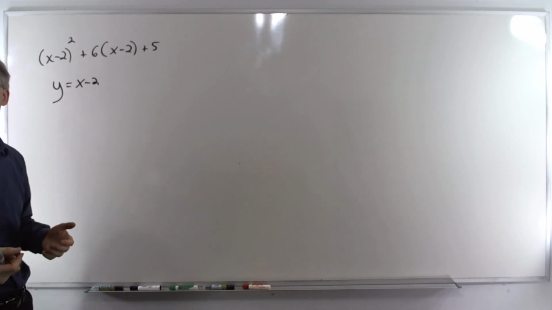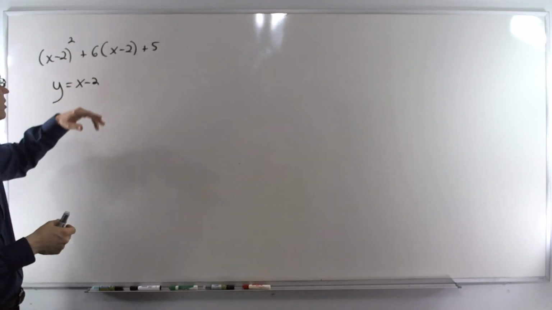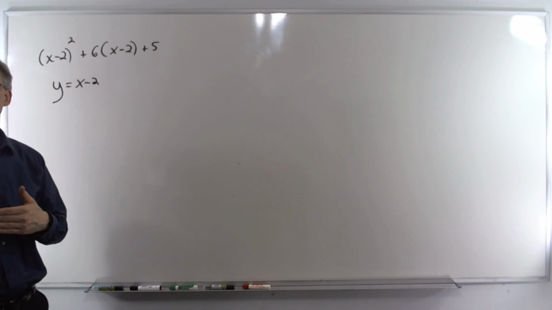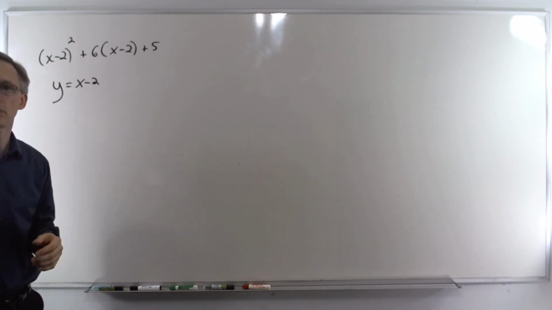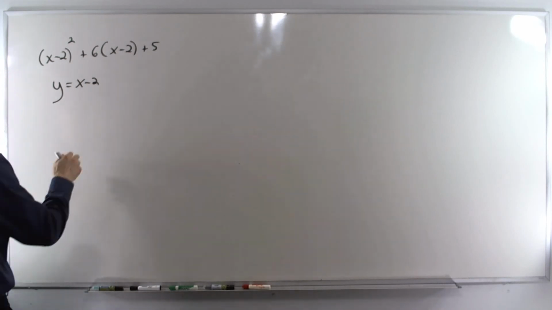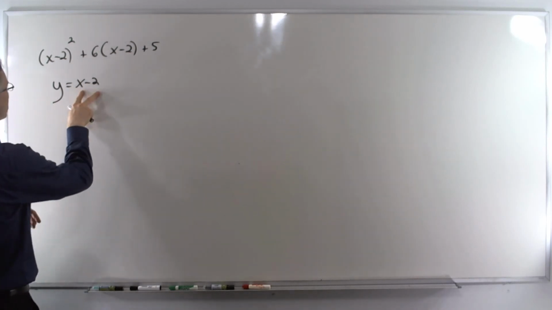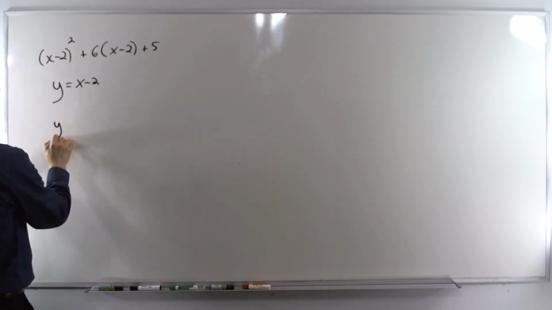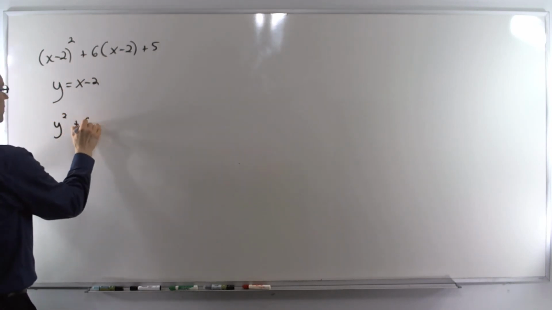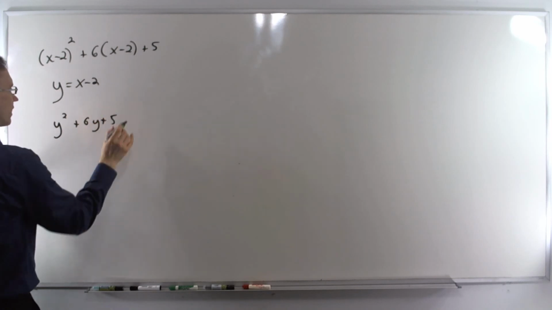Now substitution, we can plug into an equation or an expression anything that's equal to something else. Those two things can be substituted whenever you want. So we've defined y to be x minus 2, so everywhere we see an x minus 2, we're going to plug in a y. Y squared plus 6y plus 5.